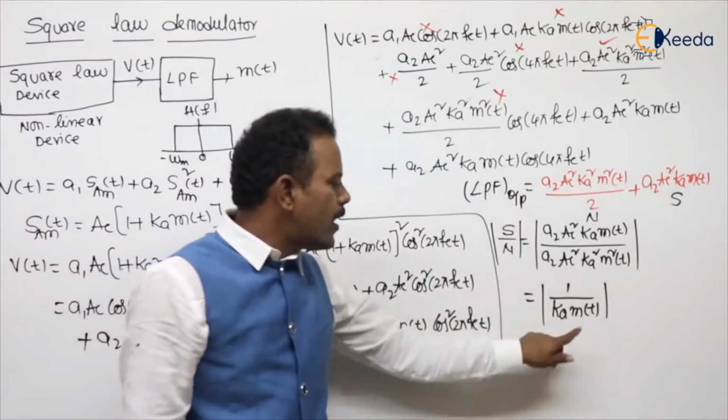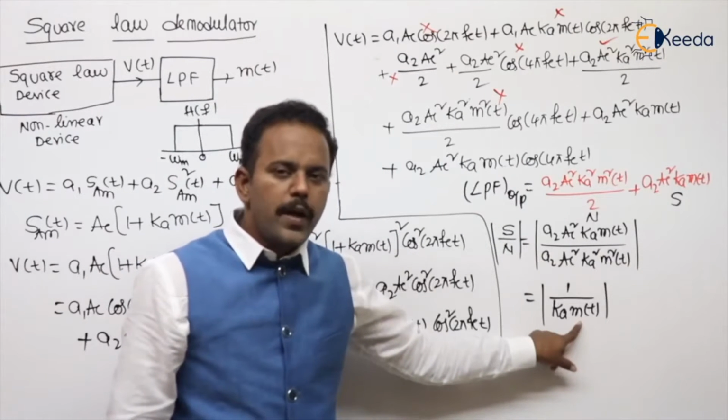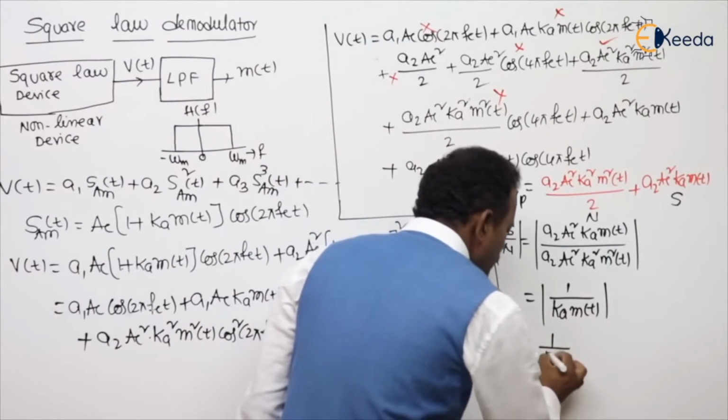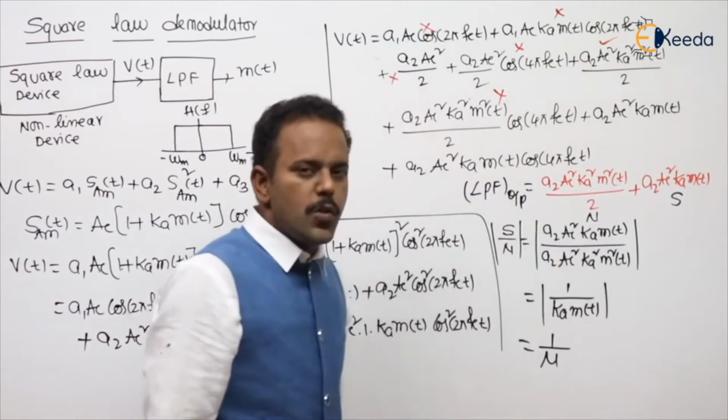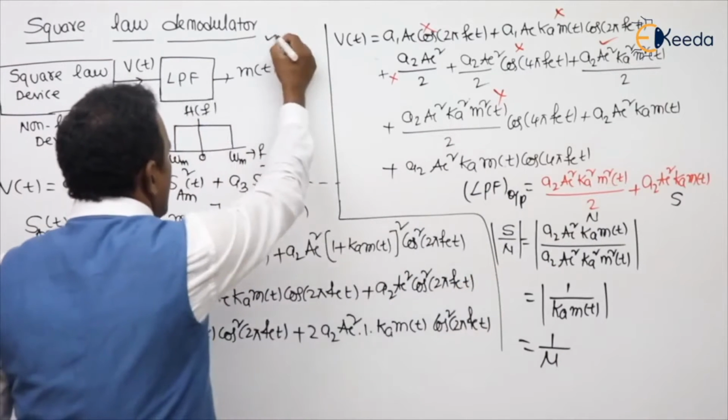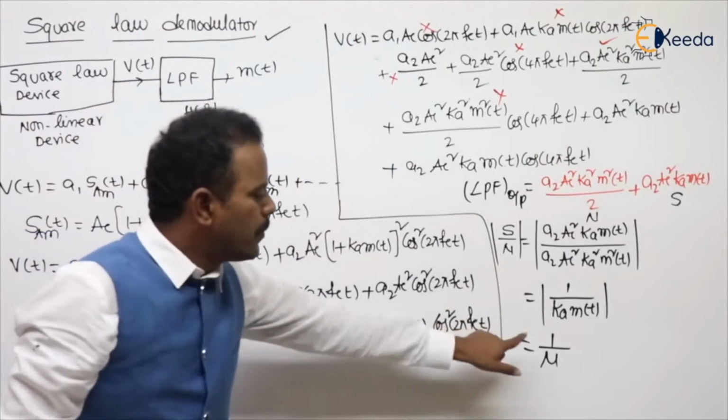Still, if I substitute m of t as am cos 2 pi fmt, am into ka is called mu, so 1 by mu. The maximum value of cos 2 pi fmt is 1. So the signal to noise ratio of a square law demodulator we got is 1 by mu.